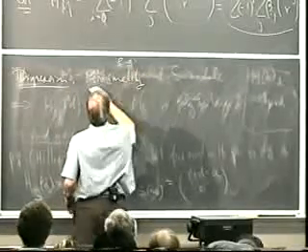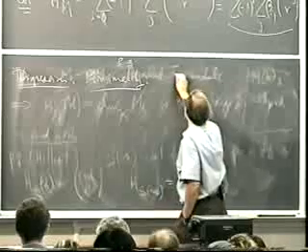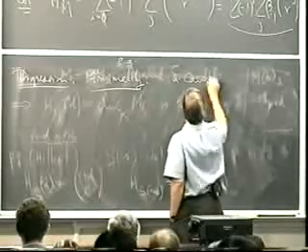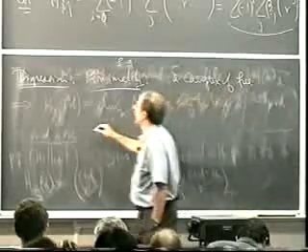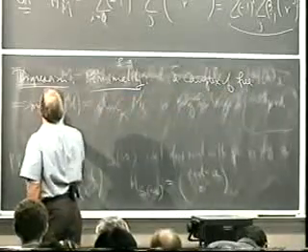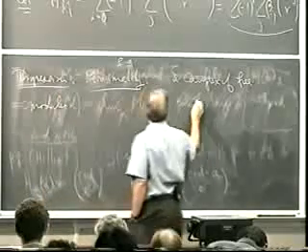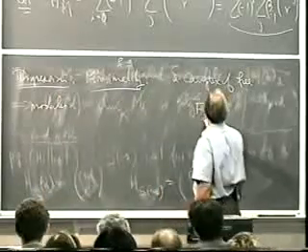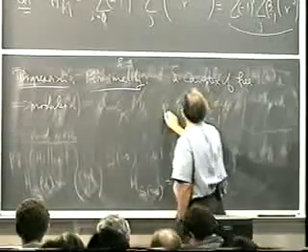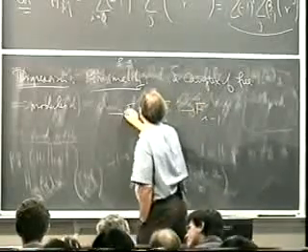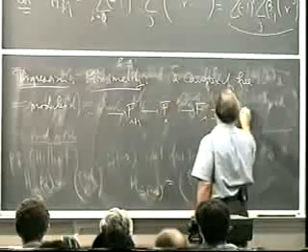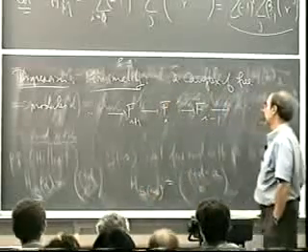A complex of free modules. What is a complex? It just means a sequence of free modules and maps between them, possibly infinite.